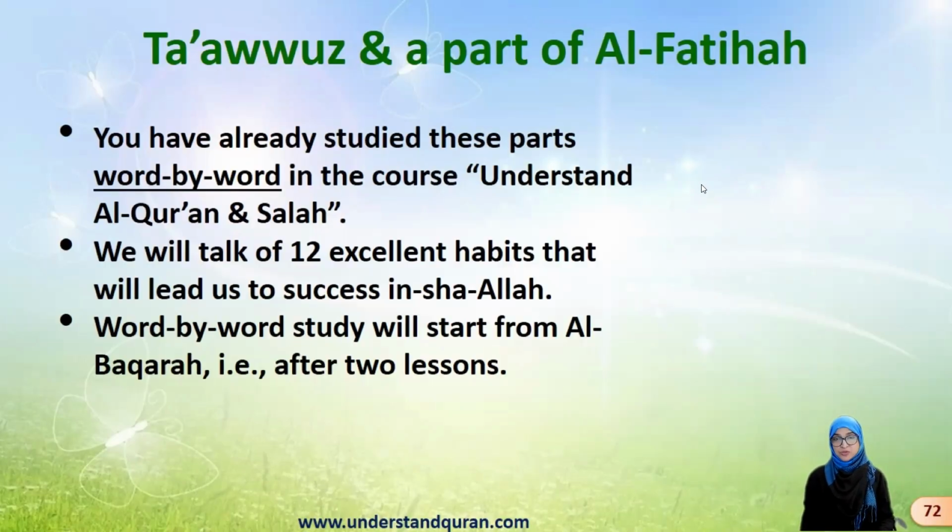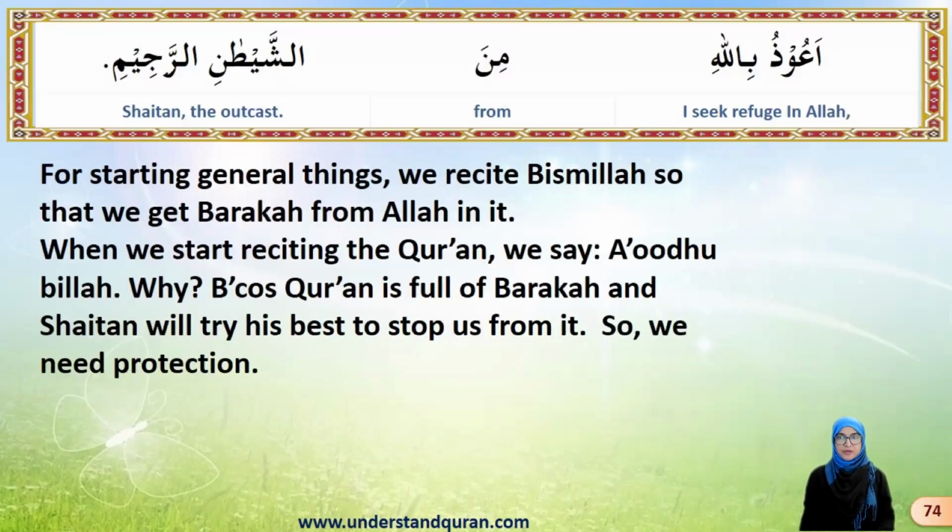We also talked about those 12 excellent habits which we need for success in this world. We have done that, and word by word study. In the next class we will also be doing Surah Fatiha, but Surah Baqarah word by word will start after 2 lessons. So this lesson is just an introduction for you to understand what course 2 is all about. So let's see the first one.